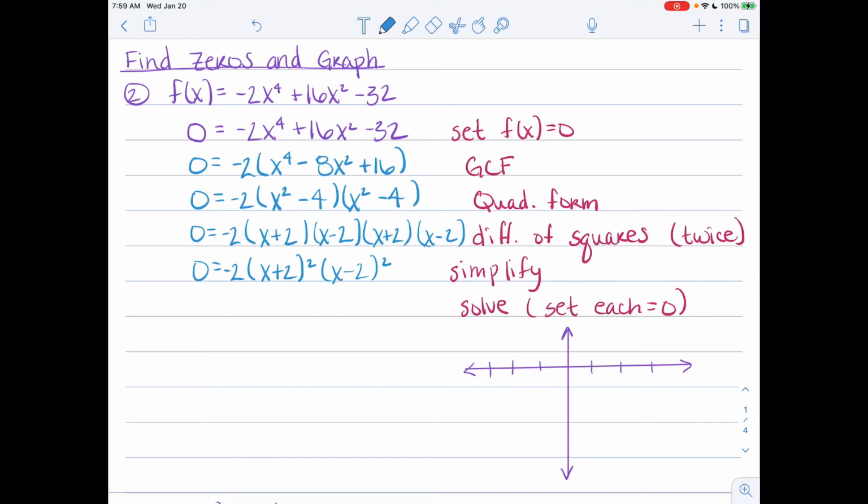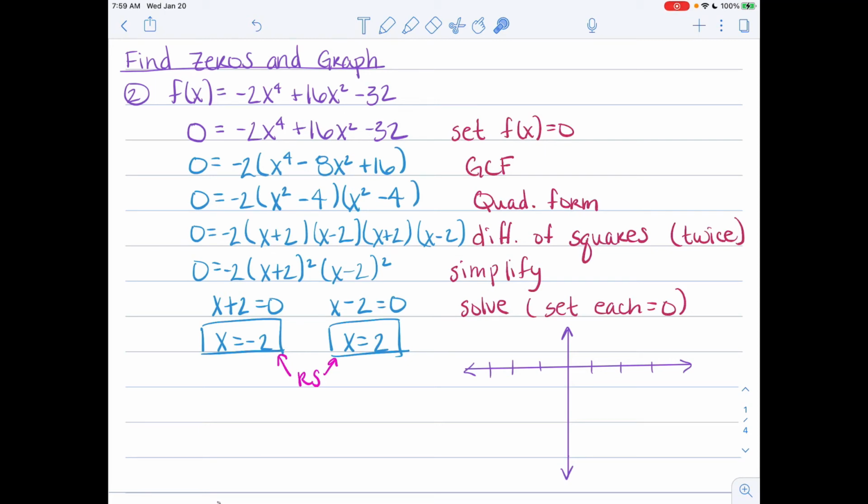So I'm going to say x plus 2 is equal to 0 and x minus 2 is equal to 0. This will give me x is equal to negative 2 and x is equal to 2. Remember that each of these solutions was a repeated solution. I'm going to say RS for short because I had a squared here and a squared here. They happened 2 times.